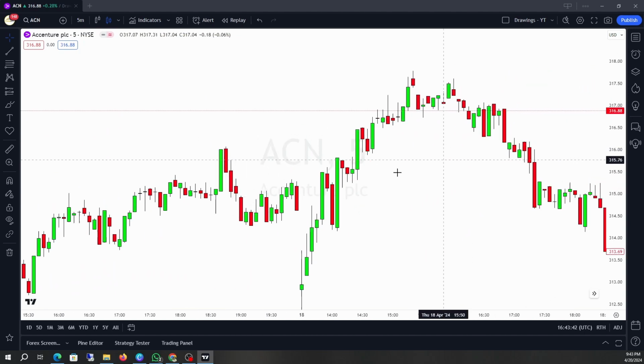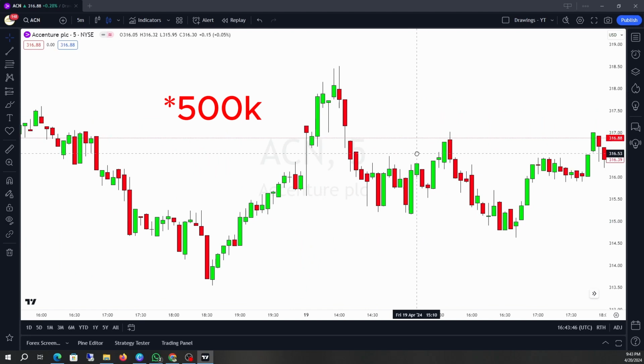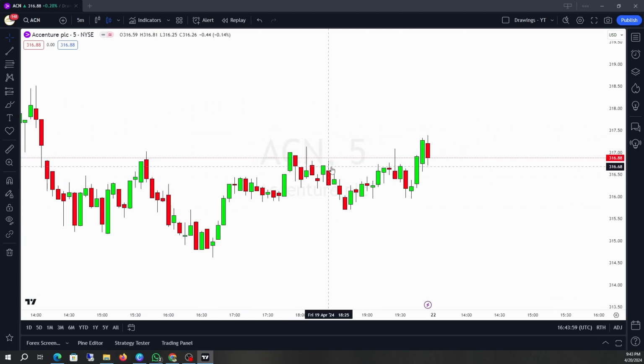So because of this, there are wide spreads, highly volatile prices, and slower transactions. So let's say someone wants to buy 500 ACN stocks, but nobody is selling it, then that person would get their order fulfilled in steps, and they will be getting different prices for each chunk of the order.